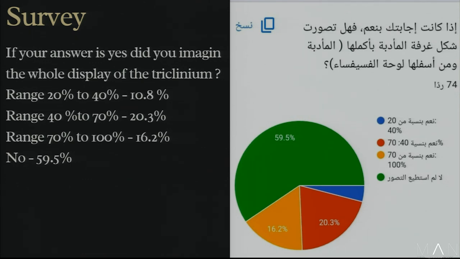Next, when asked if they could visualize the entire banquet hall, 59.5% responded no. They were unable to do so. This means that even some of the specialists who understood the function of the mosaic couldn't fully imagine the appearance of the banquet hall.